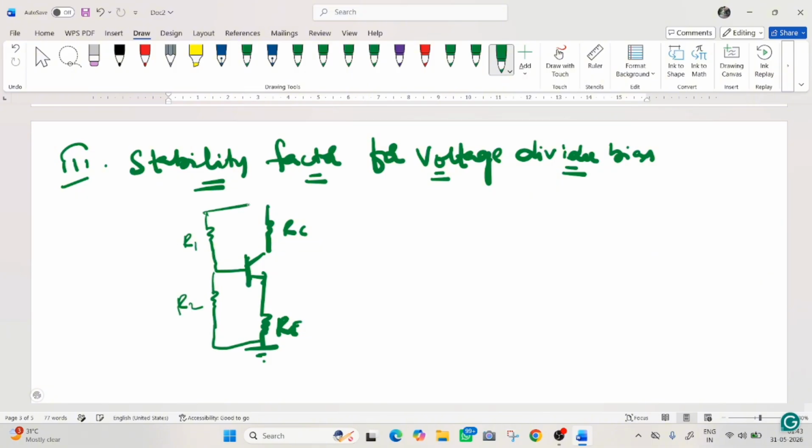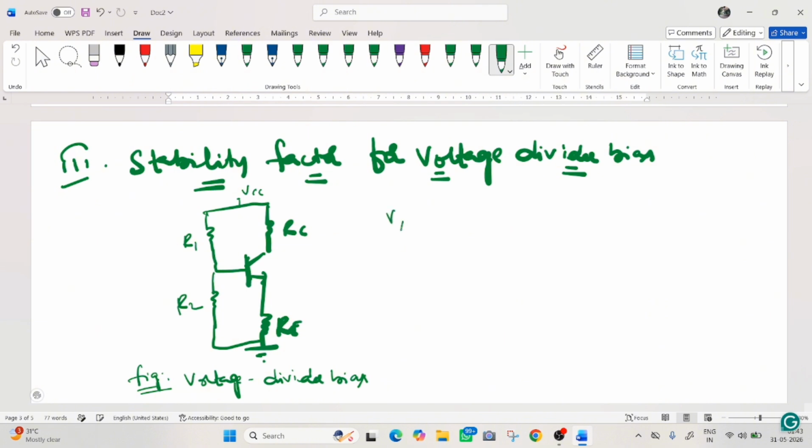This is connected to the ground. Then this is VCC. Now what does this figure mean? It is the voltage divider bias circuit.